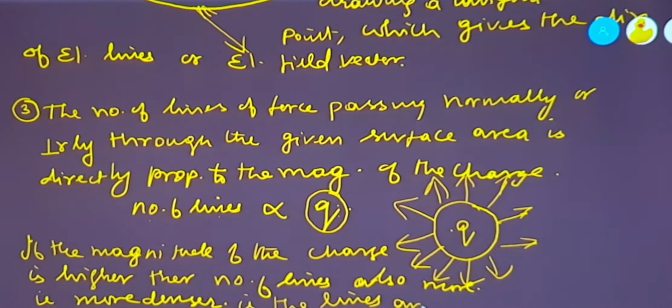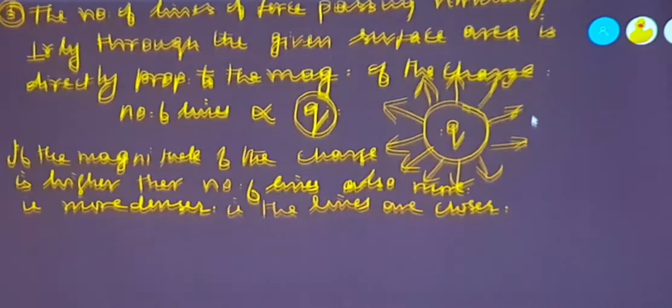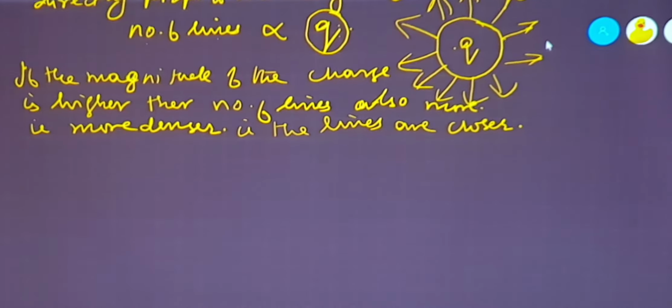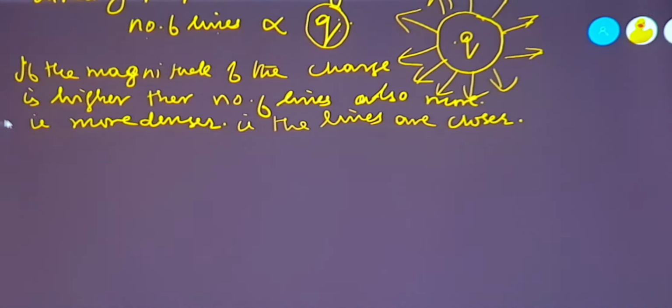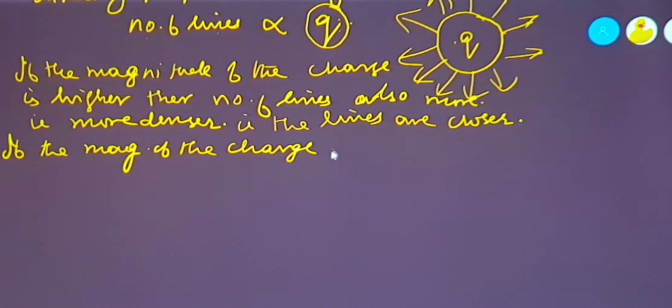The lines are closer to each other, or the lines are said to be closer. Similarly, if the magnitude of the charge is less, what will happen?